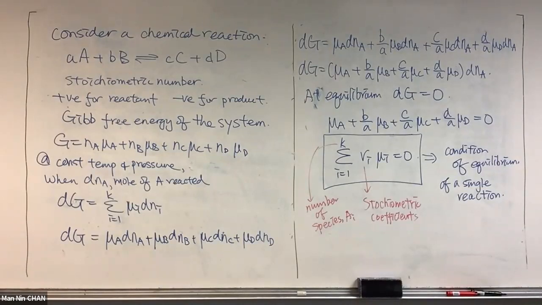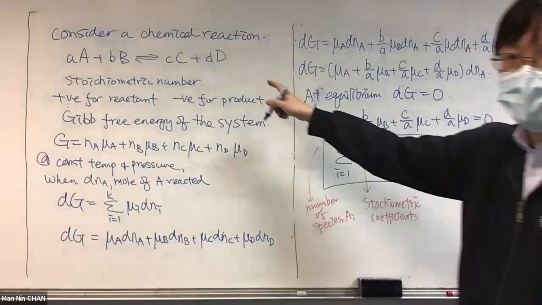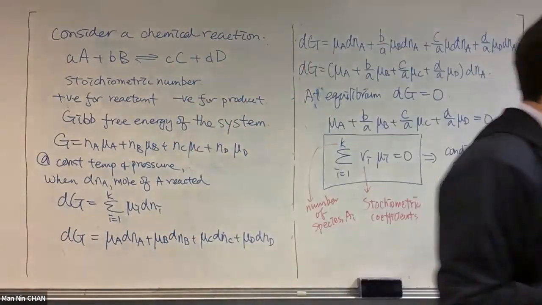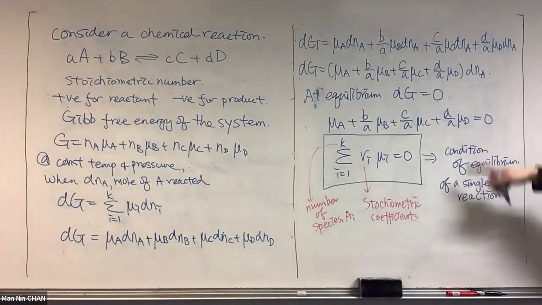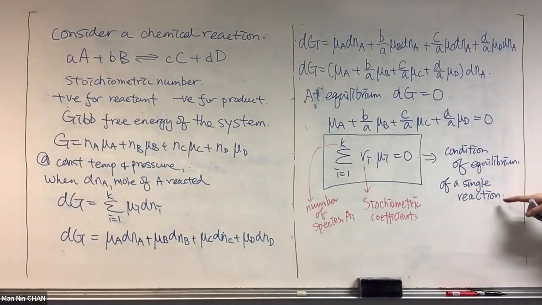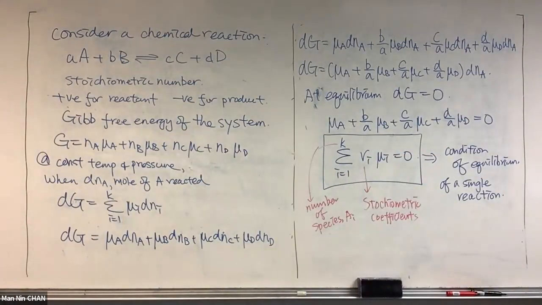Of course, you can expand this equation, because we are now only talking about a single reaction here, so you can expand this to multiple reactions. In that case, for multiple reactions, you just sum up over the multiple reactions here.